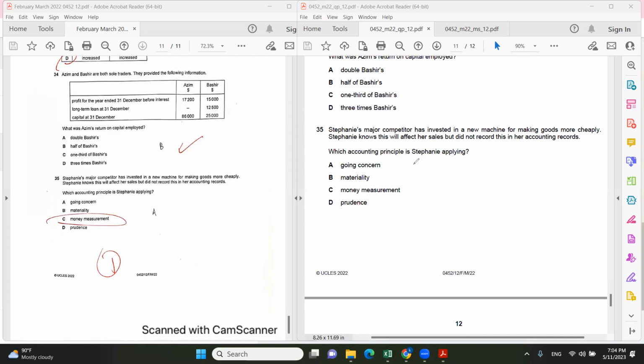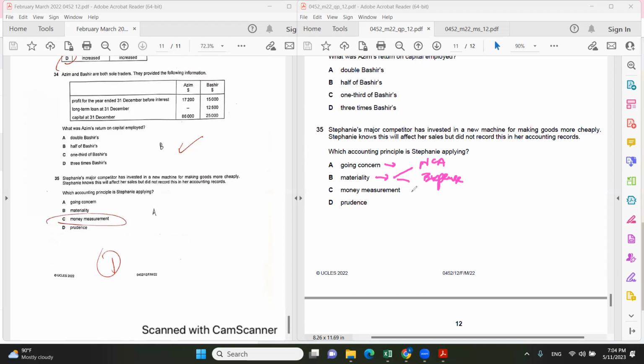Which accounting principle? Okay, first, going concern is talking about the continuity of the business. The business is assumed to continue forever. Materiality is talking about the value of the item that we record, which can be recognized as a non-current asset or an expense depending on the value of the item that we pay.